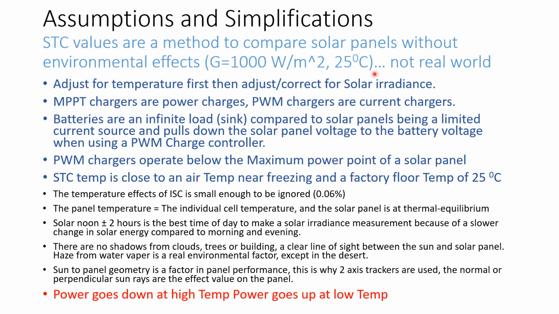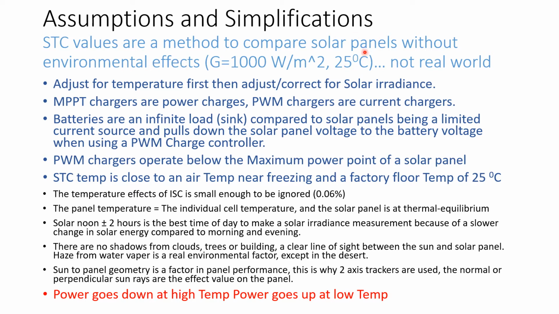All right, here are some basic assumptions that we have to have in the back of our brains to figure out things. The standard test conditions are a method to compare solar panels without environmental effects.